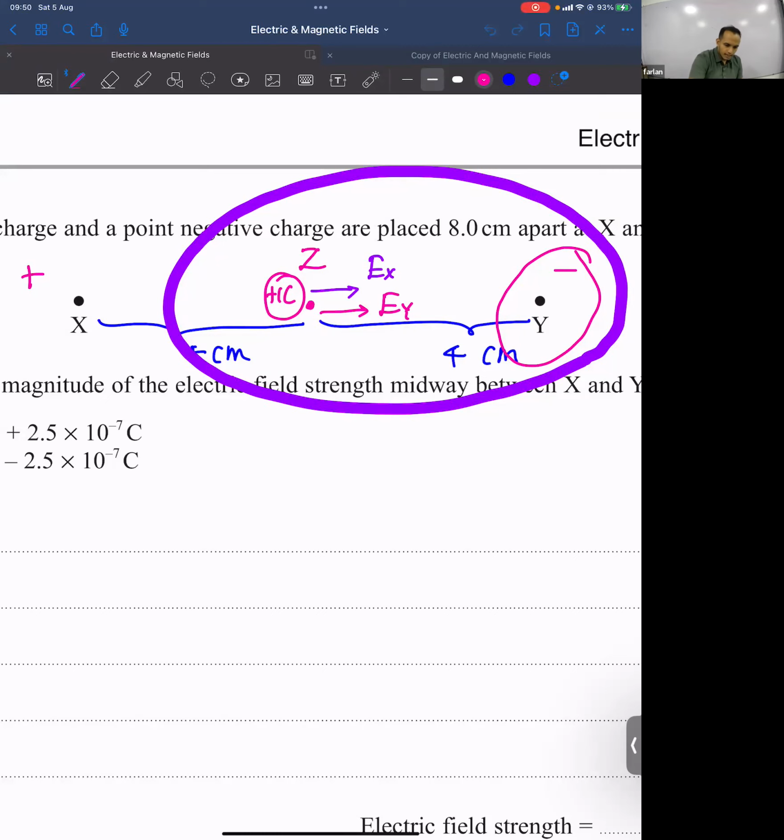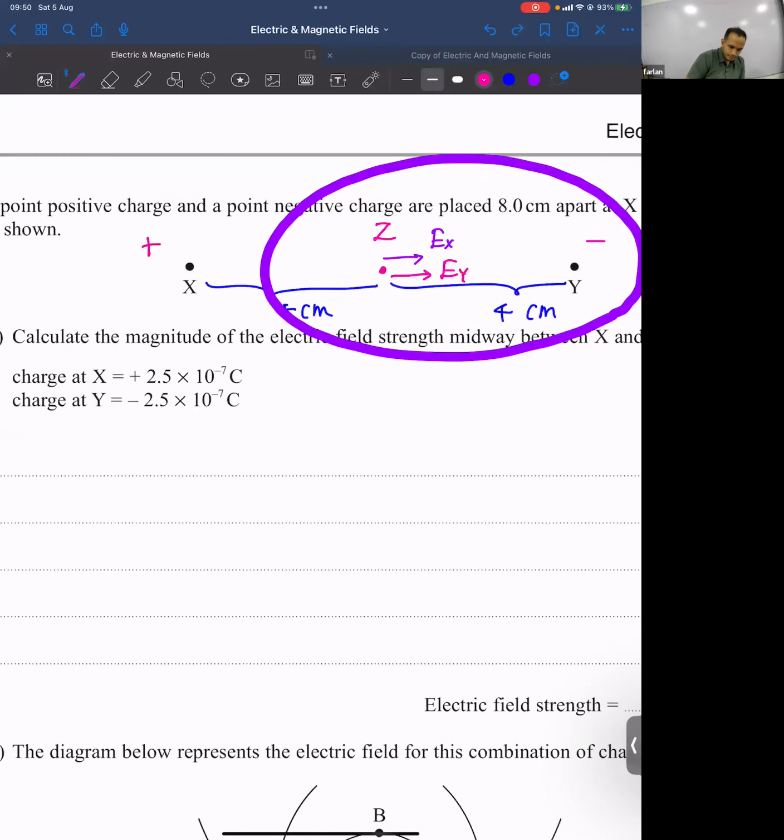So the total electric field strength at Z, if I take it as E, will be Ex plus Ey. Am I right?